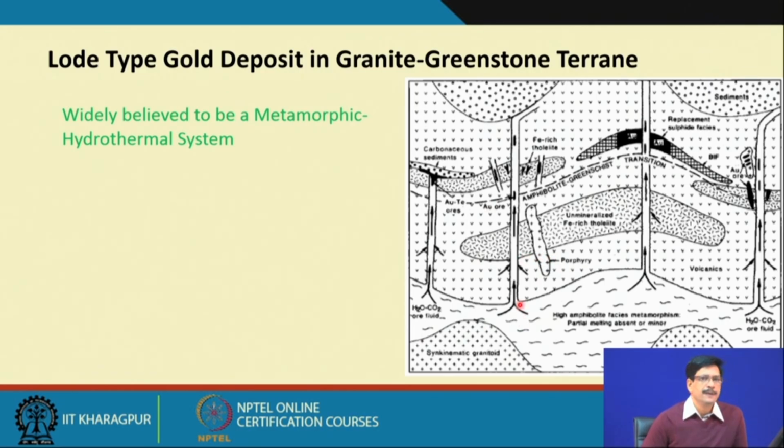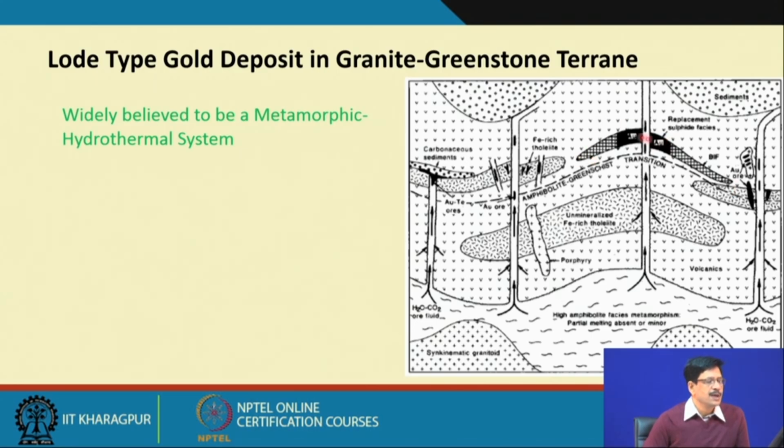Now this fluid on its upward migration, upward journey, is likely to encounter different rocks, because this is just a cartoon that is being shown to represent the diversity in the host rock type for the occurrence of these gold deposits as observed in many different parts of the continents. For example, here we have a mafic body which is an unmineralized iron rich tholeiite, and this fluid could possibly be passing through such a rock horizon.